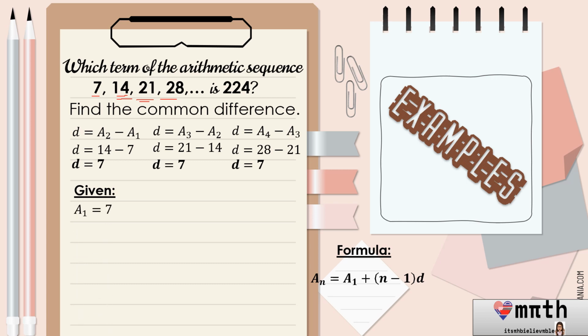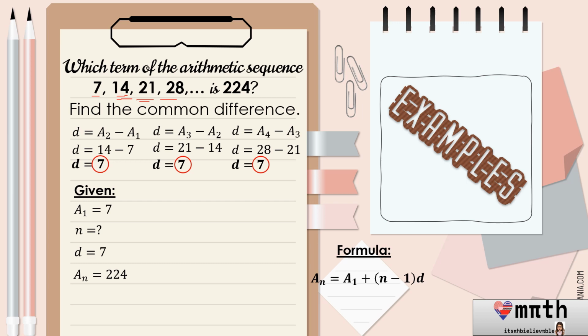Let's get first the given. Our a sub 1, or the first term, is 7. Our n is the missing value since we're looking for what number of term is 224. And the d is 7, which is a common difference. And our a sub n is 224 since it is our last term.